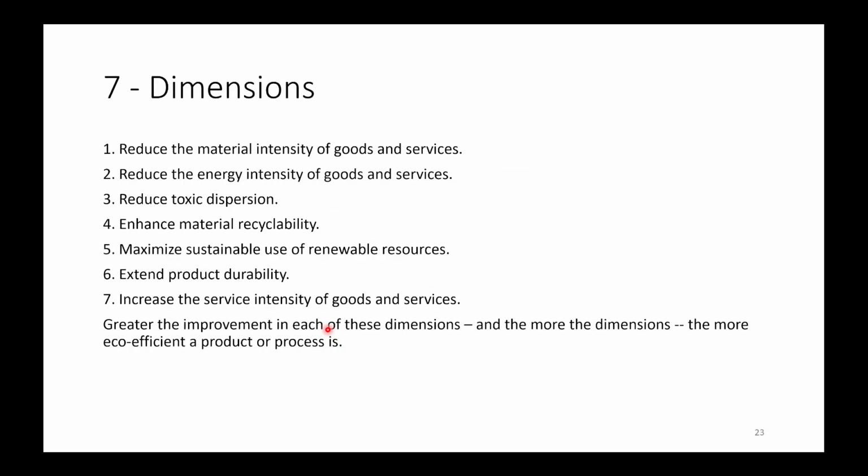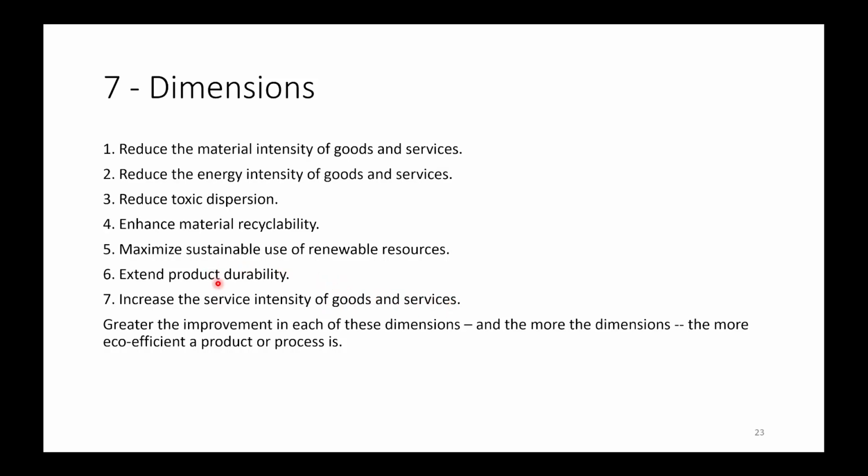Now, 7 dimensions. So the first dimension is reduce the material intensity of goods and services. Second is reduce the energy intensity of goods and services. Reduce toxic dispersion. Enhance material recyclability. Maximize sustainable use of renewable resources. Extend product durability. Increase the service intensity of goods and services.